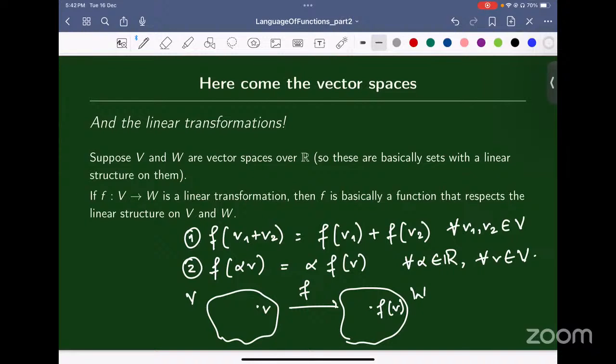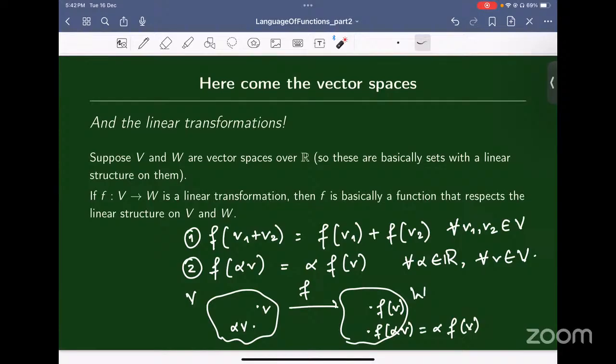If you have a vector v in V and suppose you multiply a scalar alpha to it, now you could apply f to v as well as alpha v to obtain the elements f of v and f of alpha v. On the other hand, you could also multiply the scalar alpha to f of v in W. We say that the operation of scalar multiplication is respected if these two result in the same element. f of alpha v equals alpha times f of v.